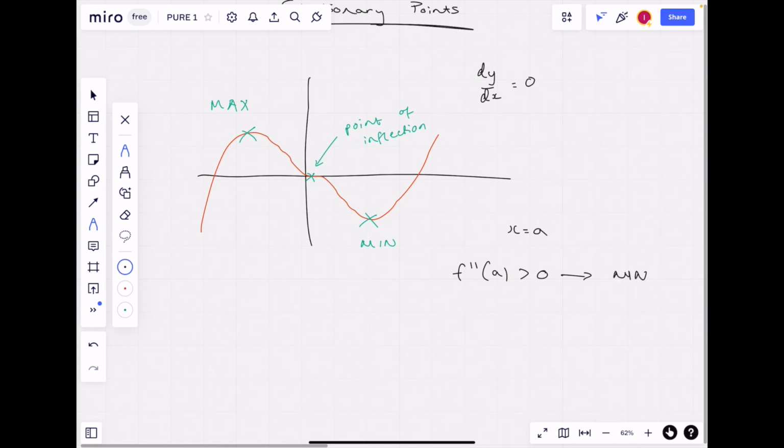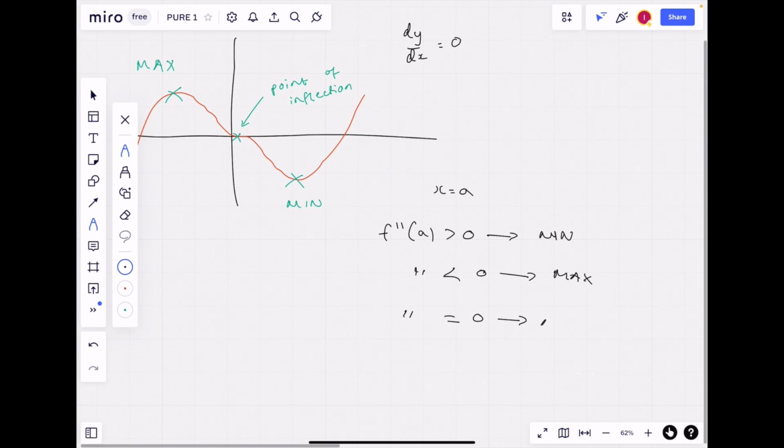If that gives you a value less than 0, then you have a maximum. If that gives you a value equal to 0, you can have either a minimum, a maximum, or a point of inflection. So that's how you work with it.